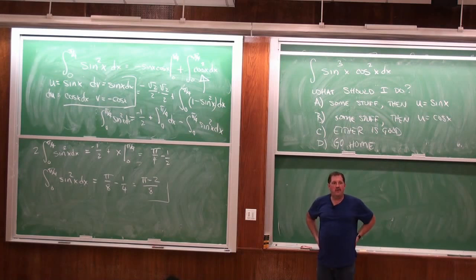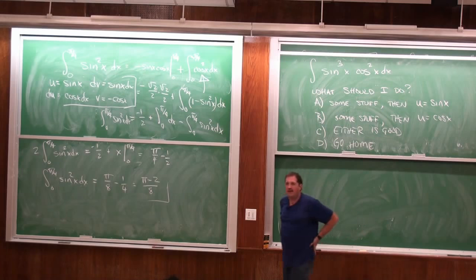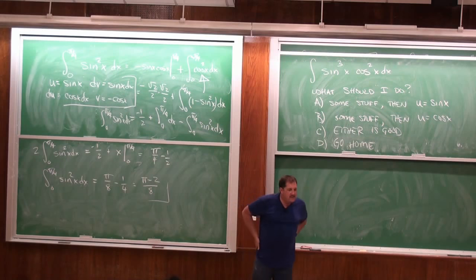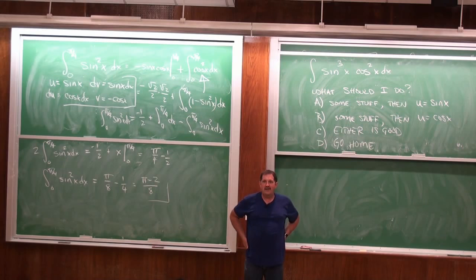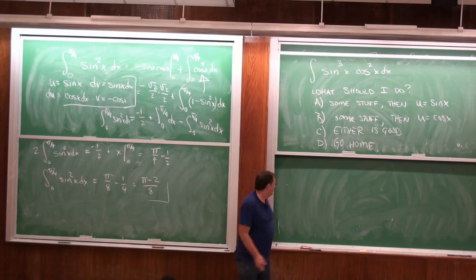Those of you that think we should do a manipulation and then substitute the sine, since 57% of you think that's what I should do, maybe at least one of you knows what I should do. Yeah? Have u equals sine cubed, and then just take the derivative of sine cubed to make sine cosine squared, and some other stuff.